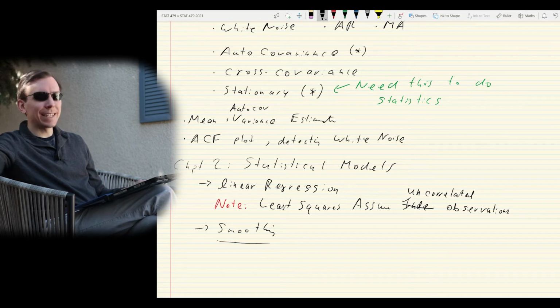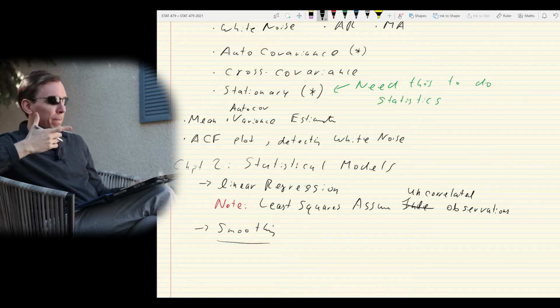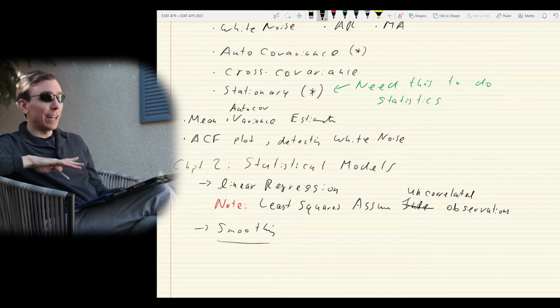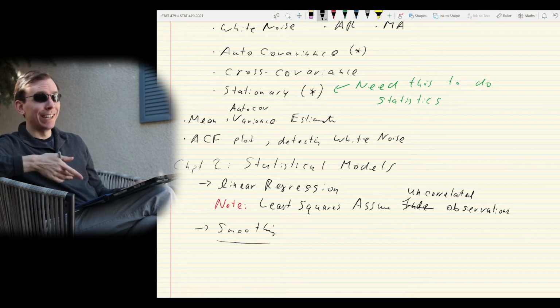It's more just a technique you can use to try to figure out what trends are present in your time series data. You have to be a little bit careful because you don't typically want to smooth your data and then do statistics with it, because that will change the probabilistic properties of your data.